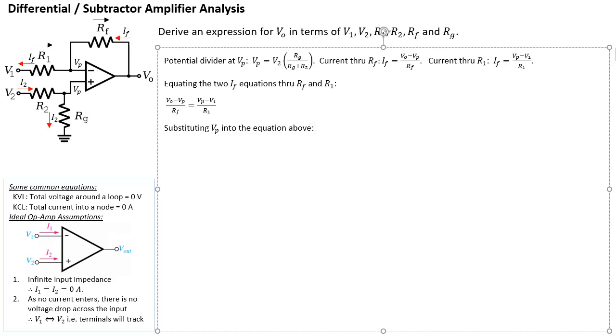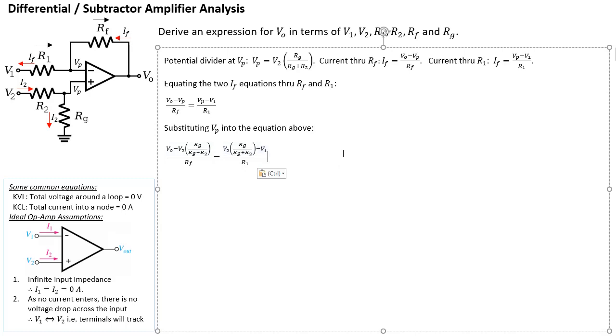So let me just copy this whole thing first, and then replace every occurrence of VP with that expression. So this is going to be a bit small. All right, so that's that one, and then this is the VP here.